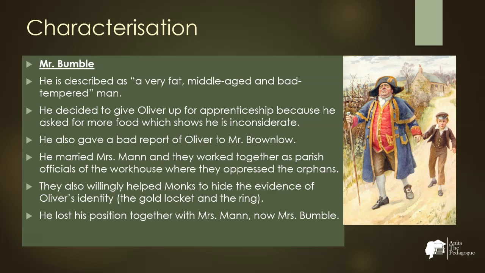He married Mrs. Mann and they worked together as parish officials of the workhouse, and that's where they oppressed the orphans. They also willingly helped Monks to hide the evidence of Oliver's identity, that is the gold locket and the ring. He lost his position together with Mrs. Mann, now Mrs. Bumble.